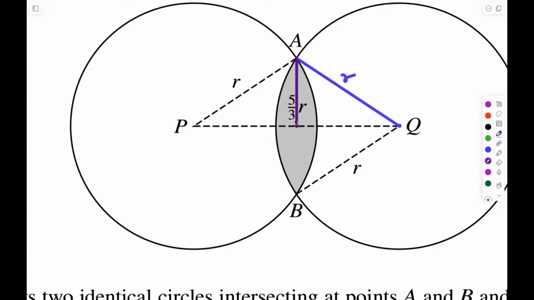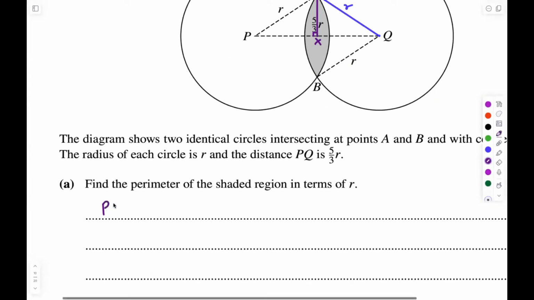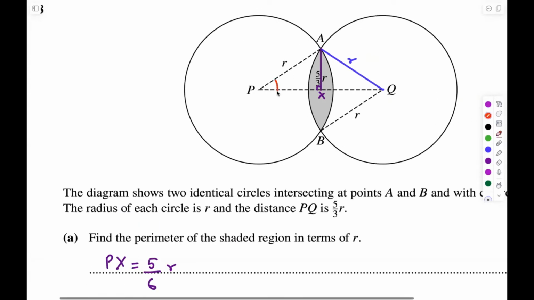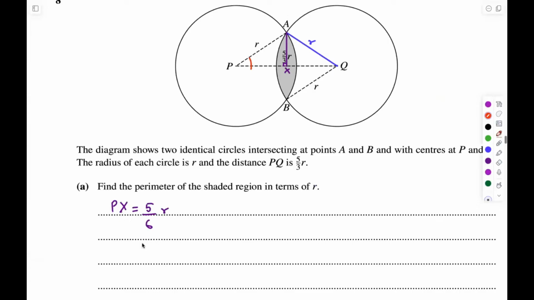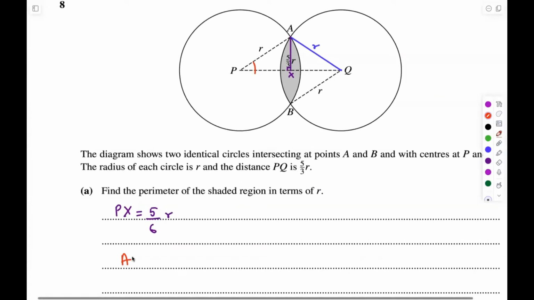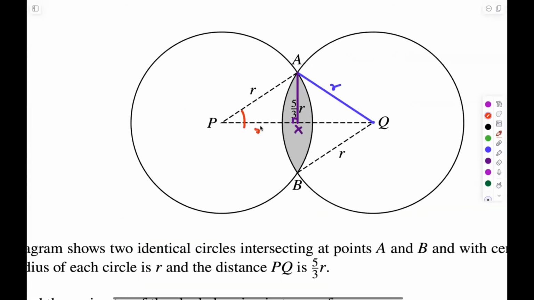This will make a right angle up here, and let's call this point X. The length PX will be equal to half of 5 upon 3 r, so the length of PX will be 5 upon 6 r. Now to find the angle APQ, we can use sine theta equals opposite over hypotenuse. So for angle APQ, this length PX is 5 upon 6 r.